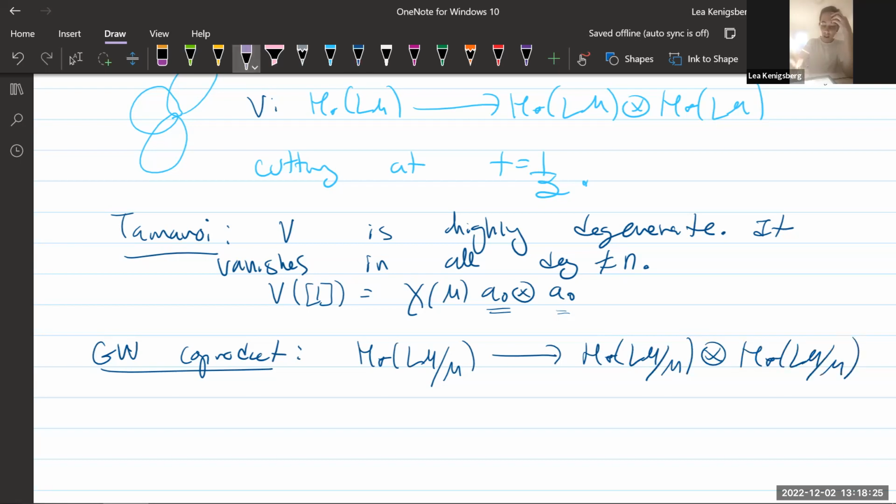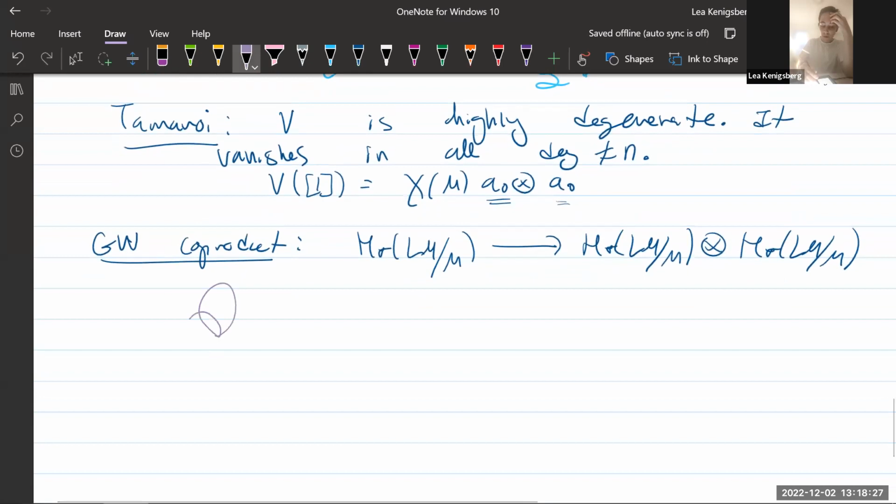You take a loop and it has several self-intersections, and at each self-intersection you cut. This operation is not well defined at the boundary, so you want to mod out by the boundary, and so you only get an operation which is defined on the free loop space mod constant loops.